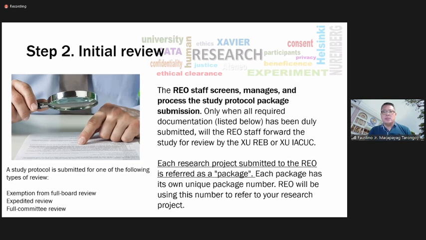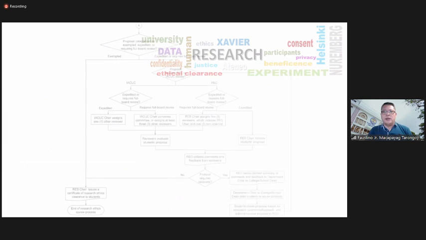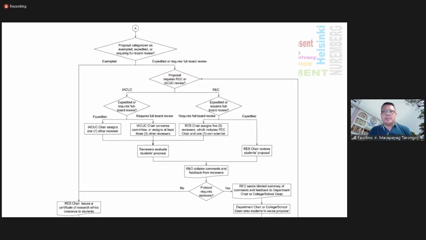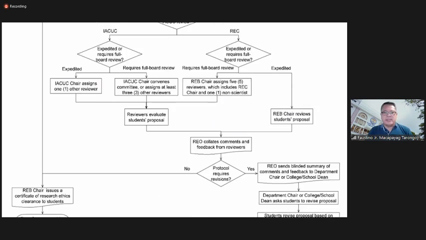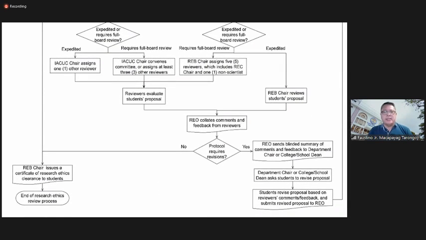Okay. Now, if your proposal is categorized as exempted, once it is successfully exempted, you will be given a certificate of clearance or a letter of exemption. And once you receive that, that means go. You're good to go with your research activity.